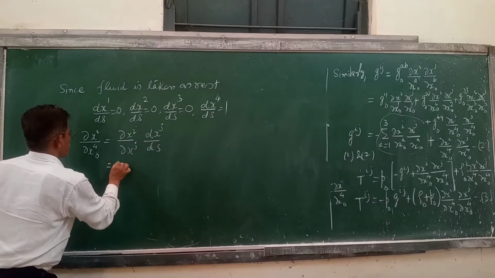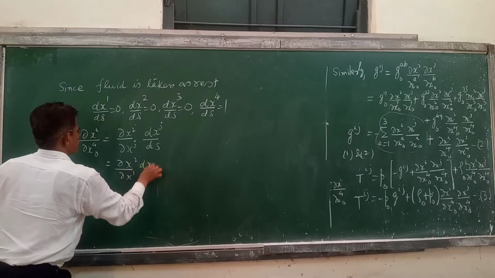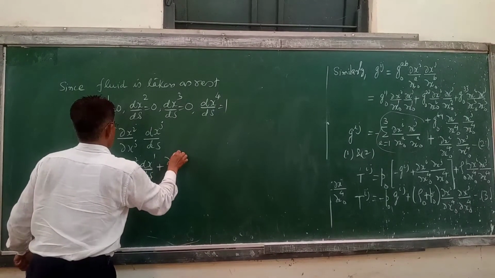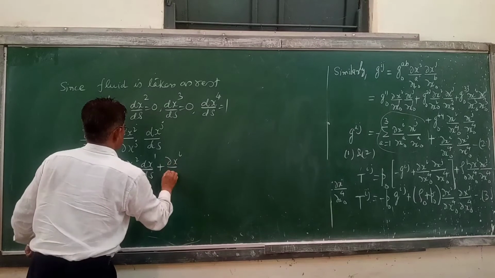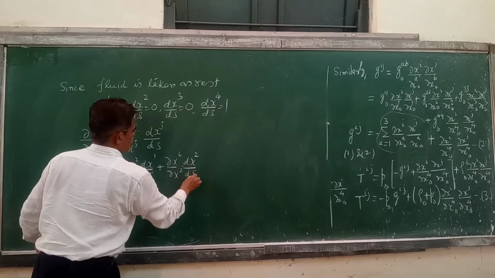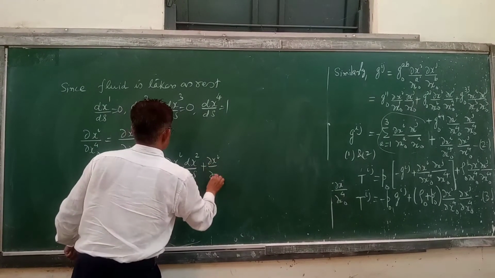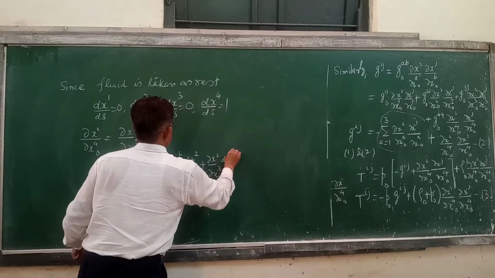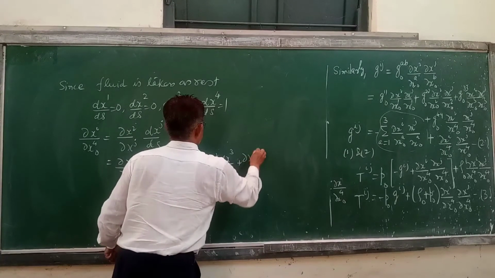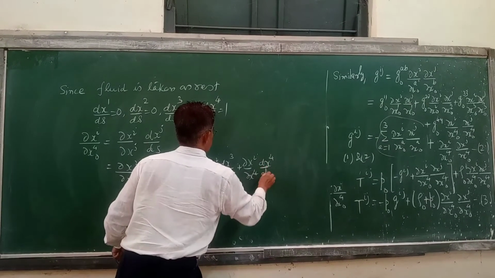So this is equal to del x I upon del x 1 dx 1 upon ds, plus del x I upon del x 2 dx 2 upon ds, plus del x I upon del x 3 dx 3 upon ds, plus del x I upon del x 4 dx 4 upon ds.